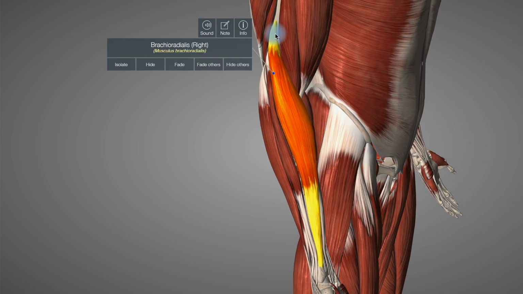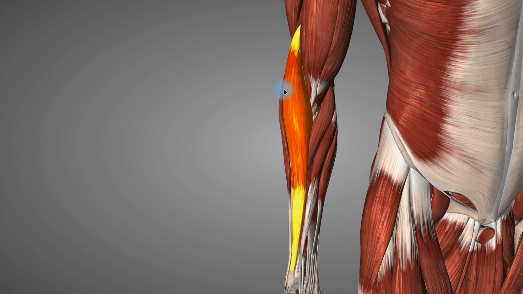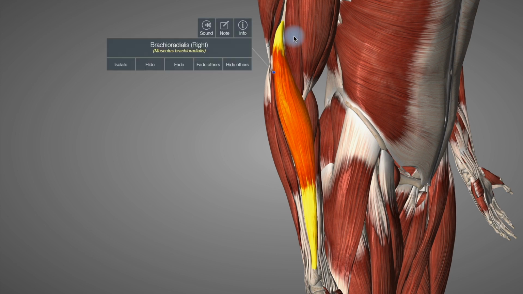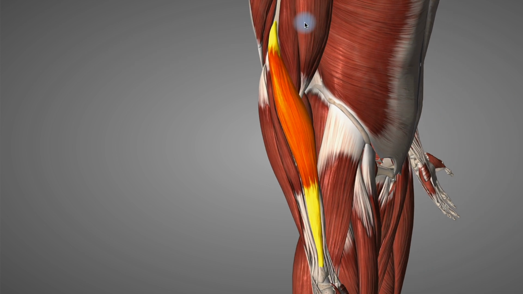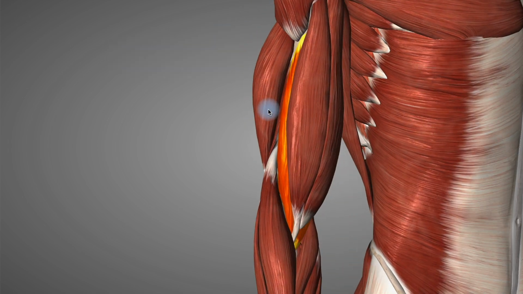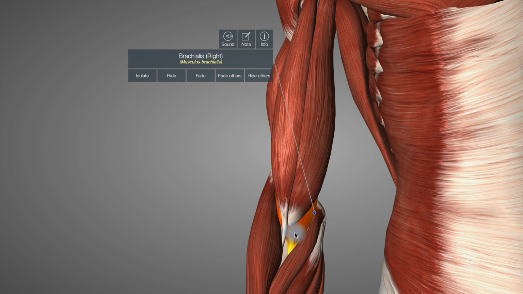This long muscle passes from the humerus, the supracondylar ridge, to the distal end of the radius. This deep muscle, which is attached to the humerus, is called the brachialis muscle, and it is also important. We'll talk about it more later.